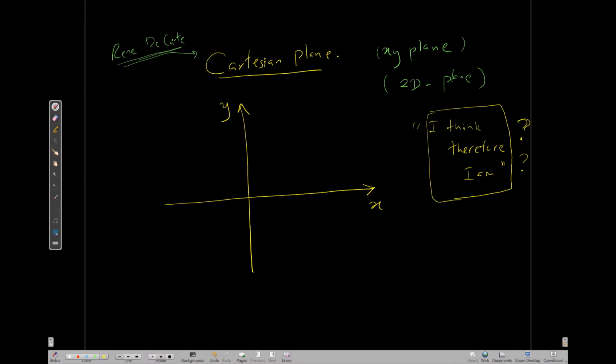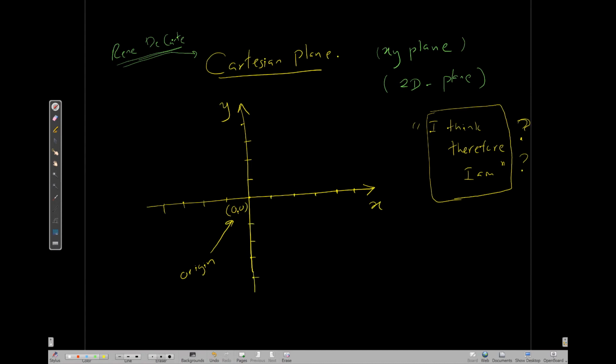Now let's go back to Cartesian plane. Now we assign numbers in these two lines. Here, this point 0, 0, or the origin, we call that guy origin. And x-axis 1, 2, 3, 4, 5, and so on. Y-axis 1, 2, 3, 4, 5.